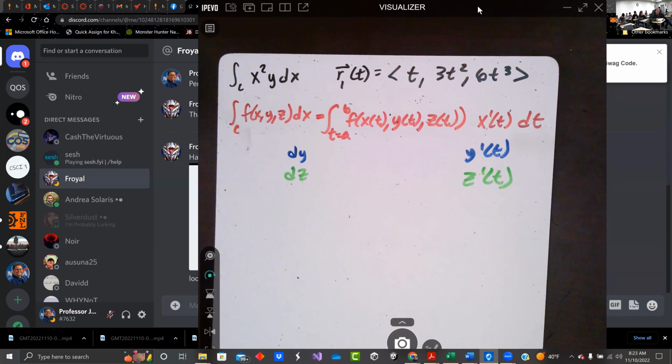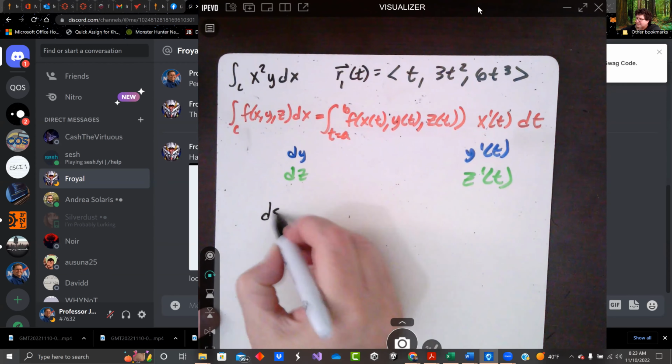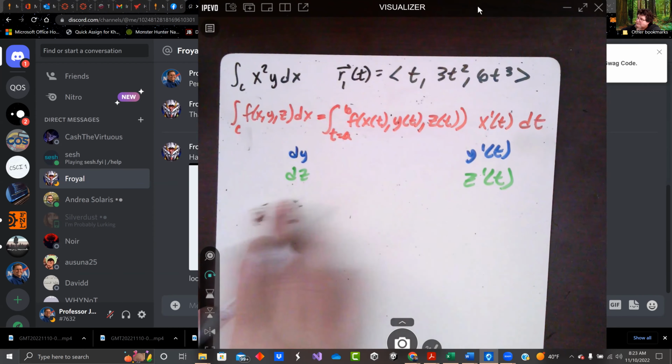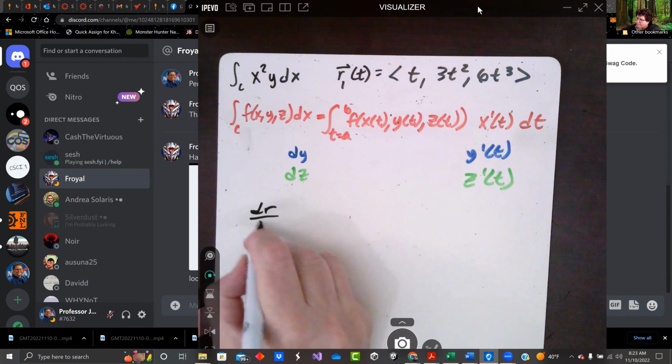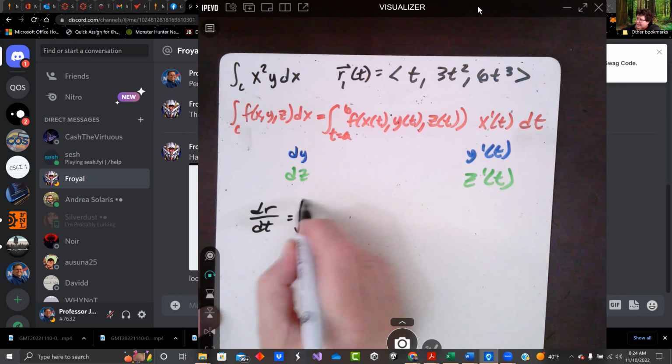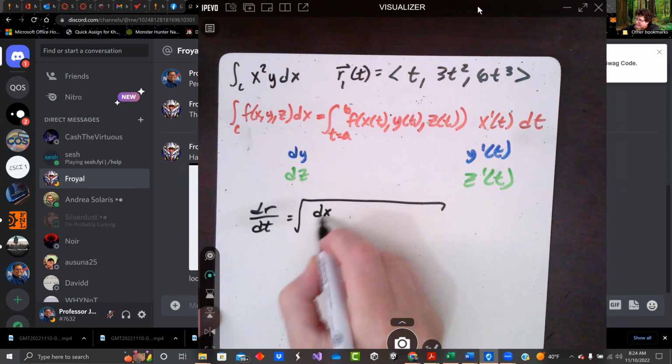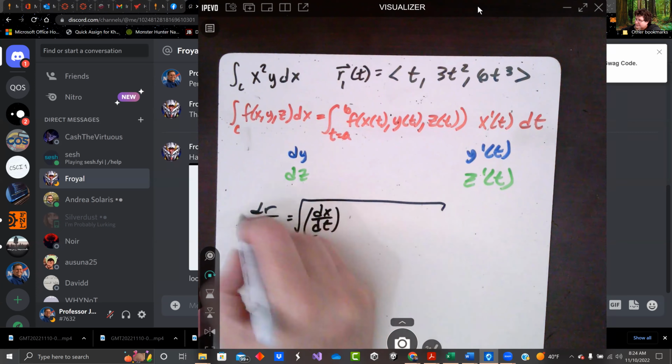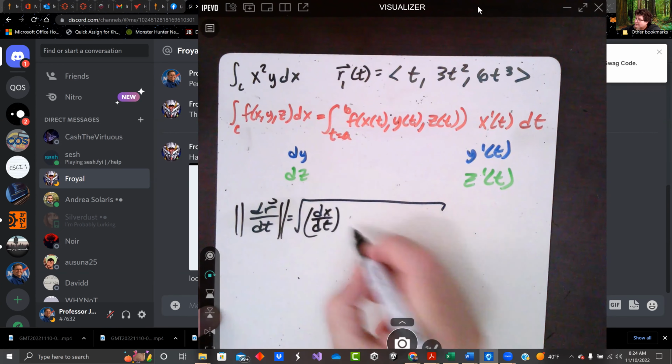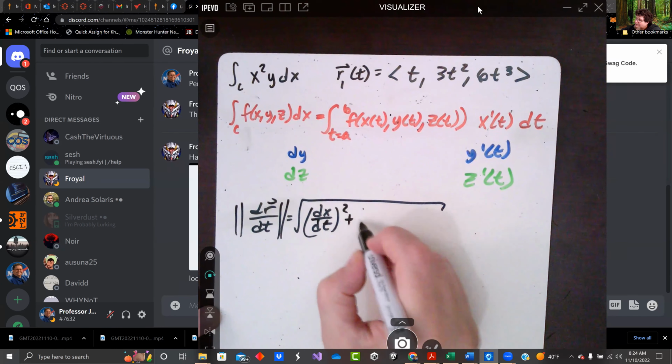It might be easier to look at it like this. Remember, the magnitude of dr dt is the square root of dx dt squared plus dy dt squared plus dz dt squared.